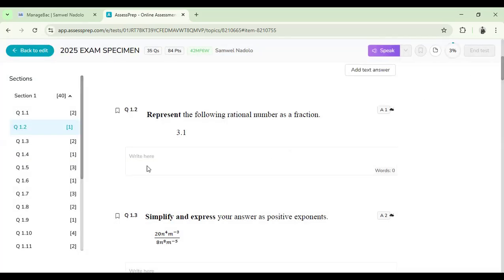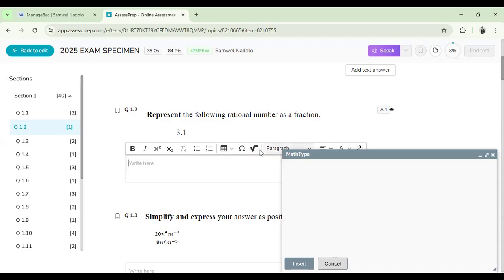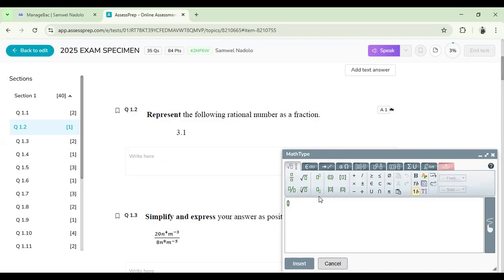So when you want to turn a decimal into a fraction, for our case, it is easy. You'll either type here, or you can type as an equation. You will just click the square root sign. It gets you to a place where you're able to type. Then you'll have all these operations for math.